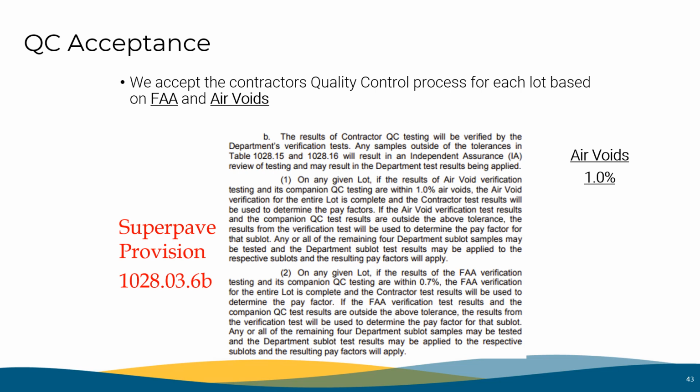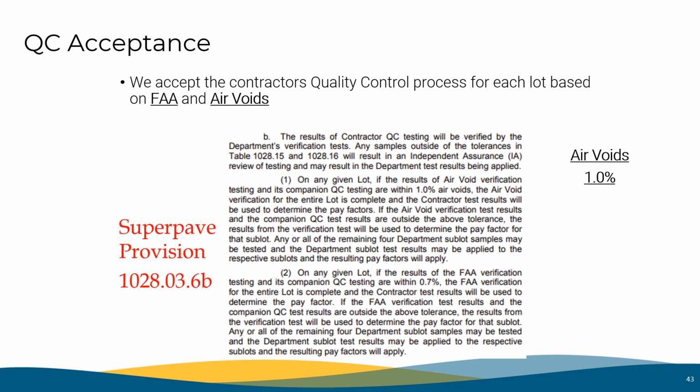If the air void verification test results and the companion QC test results are outside the above tolerances, the results for the verification testing will be used to determine the pay factor for that sublot. Any and all the remaining 4 department sublot samples may be tested, and the department sublot test results may be applied to the respective sublots, and the resulting pay factors will apply.